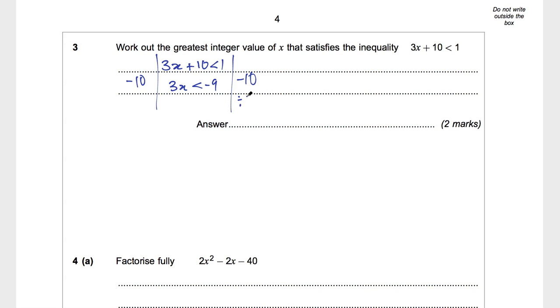Divide by 3, x is less than minus 3. So the largest integer value is minus 4. It can't be minus 3, it's not equal to, it's just less than. So x is minus 4 is the greatest integer value. Just putting minus 4 would get me the mark.